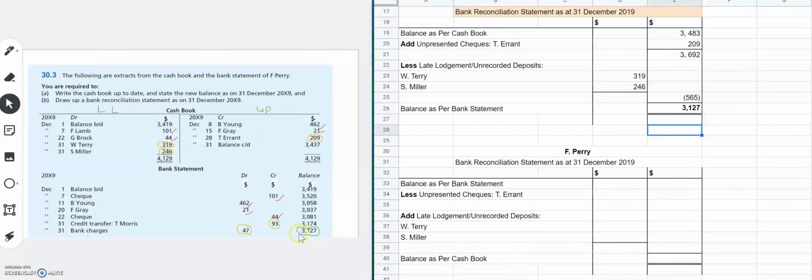So this is the 3,127. And it says less unpresented checks, so that is 209 for unpresented checks.